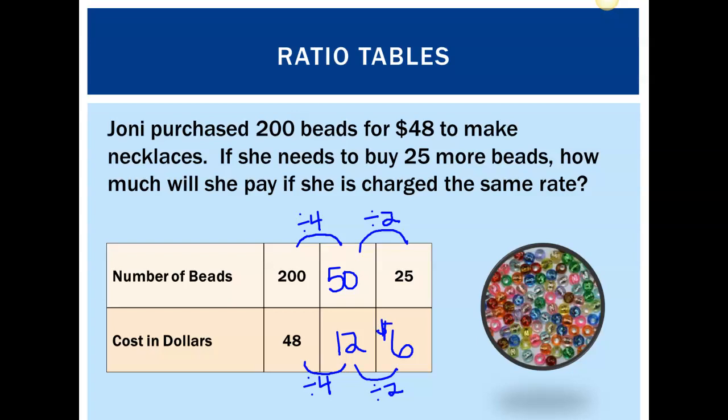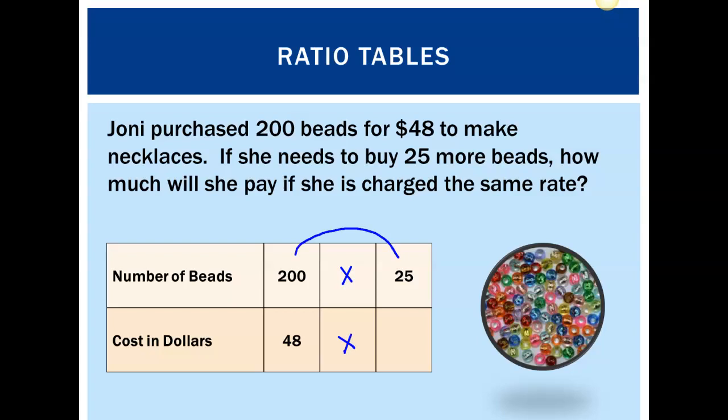Another way we could solve the problem is to simply bypass those middle boxes. We can get directly from 200 to 25 if we divide by 8. We can also divide 48 by 8 and learn that the beads would cost $6. So that was 3 different ways to solve the problem. All of them are correct, and all of them are valid and legitimate ways to solve the problem.